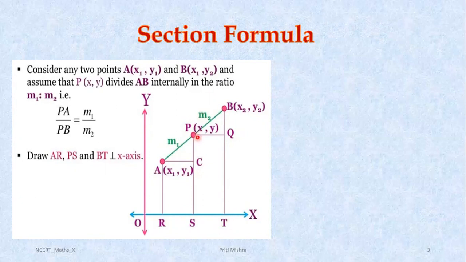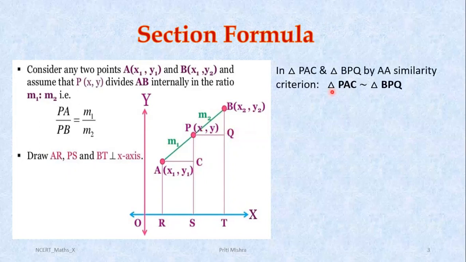Then we will drop a perpendicular from P parallel to the x-axis on line segment BT. Now you can easily find out we have two triangles, triangle PAC and BPQ. And these two triangles are similar triangles just by AA similarity.